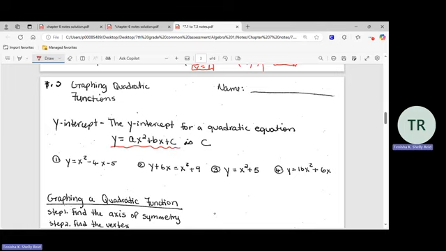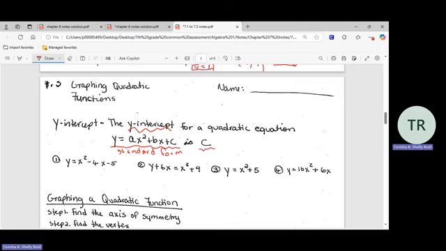That is the standard form. In the standard form, c is the y-intercept. So the y-intercept for a quadratic equation in standard form is the c term.